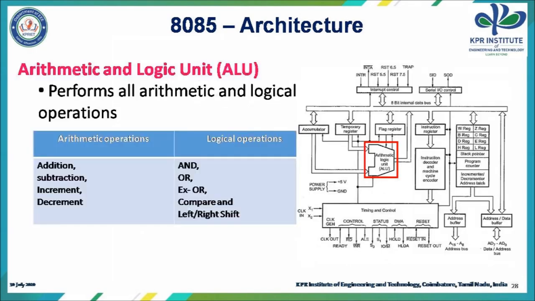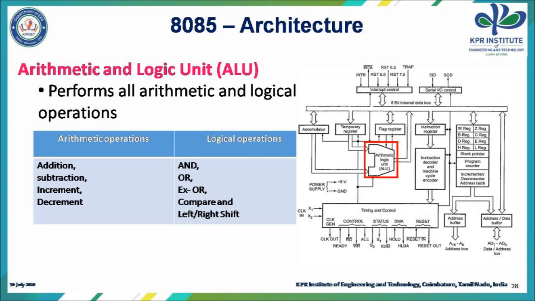The first and very important block of the 8085 microprocessor is the arithmetic and logic unit. It is also called the heart of the microprocessor, and it performs all arithmetic and logical operations. The arithmetic operations include addition, subtraction, increment and decrement, and the logical operations include AND, OR, XOR, compare and shift.